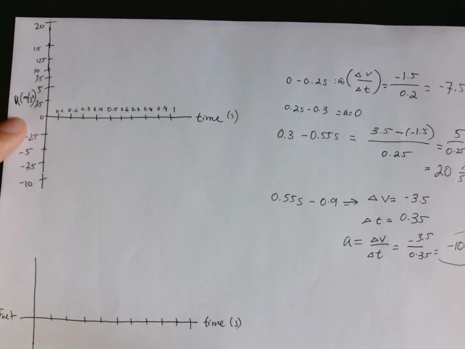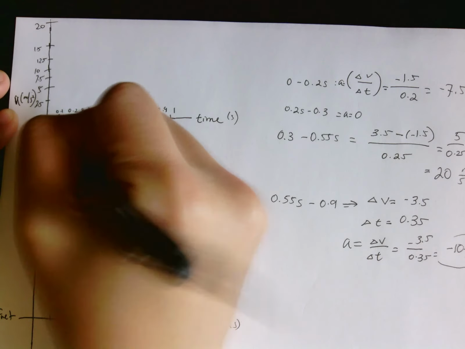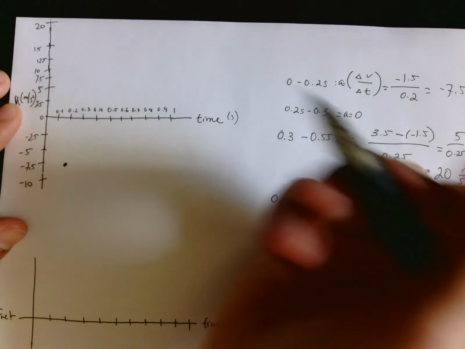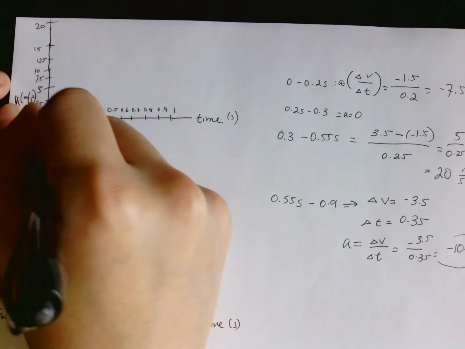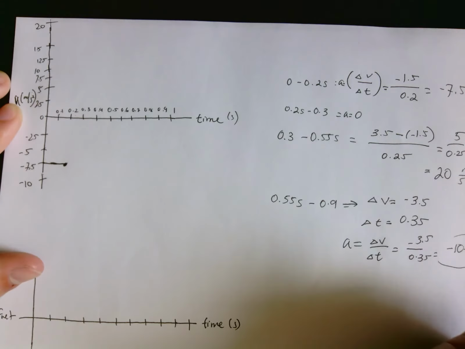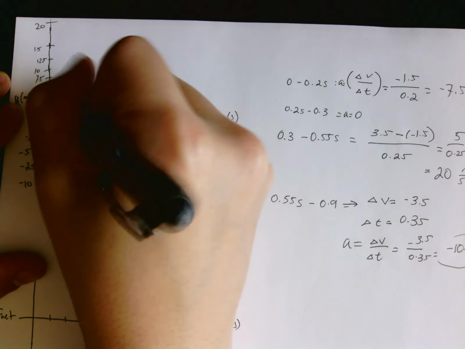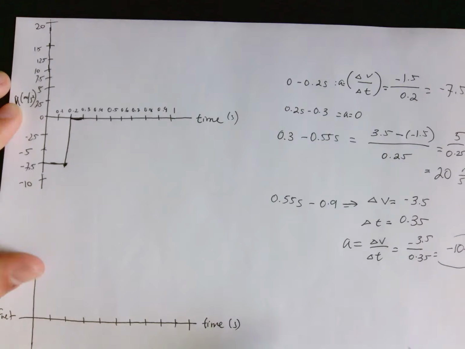Between 0 and 0.2 seconds, we are at negative 7.5, so this is the magnitude of our acceleration. And then from 0.2 to 0.3, we go to 0, so that's this period here.